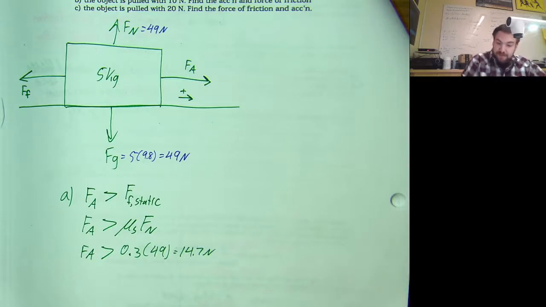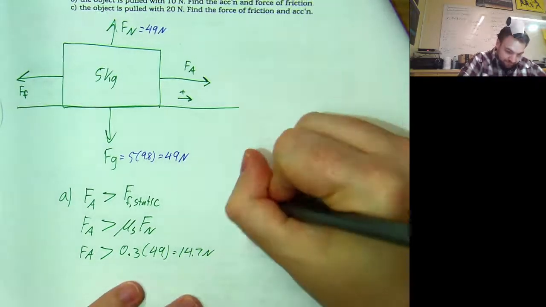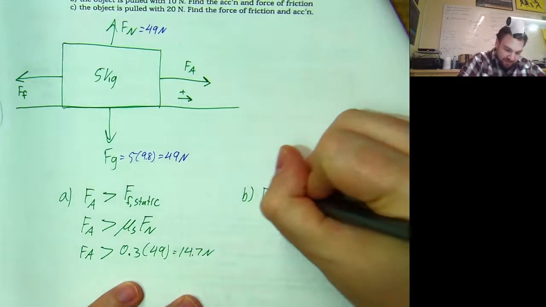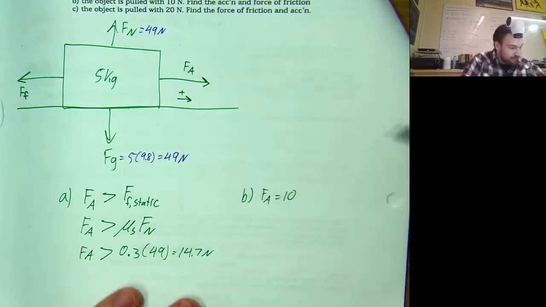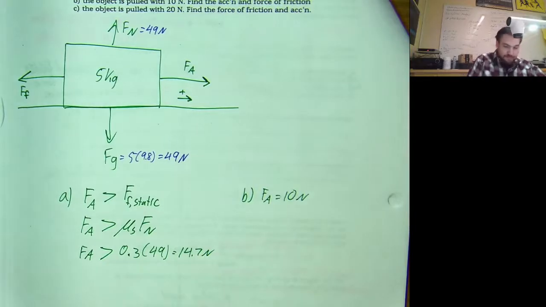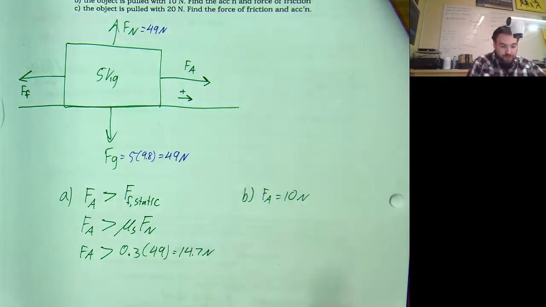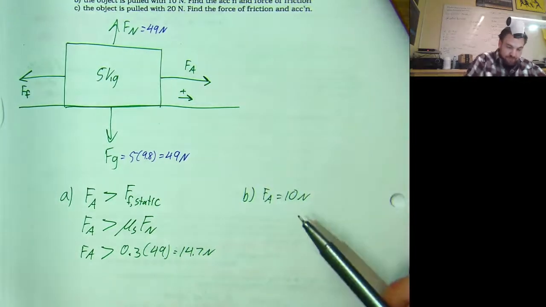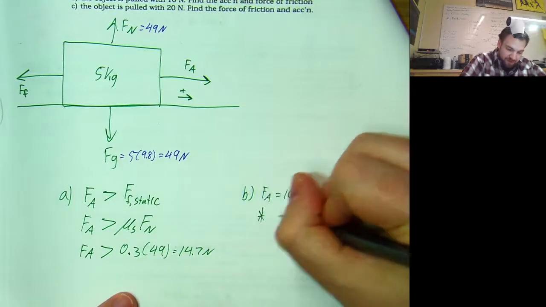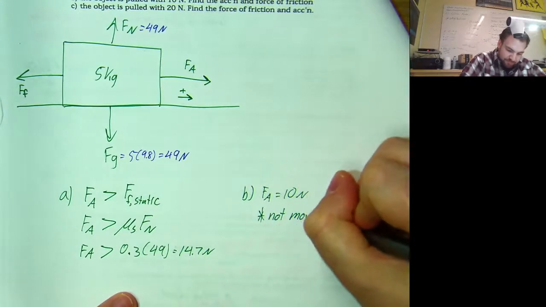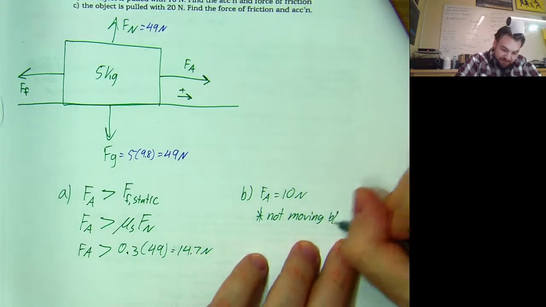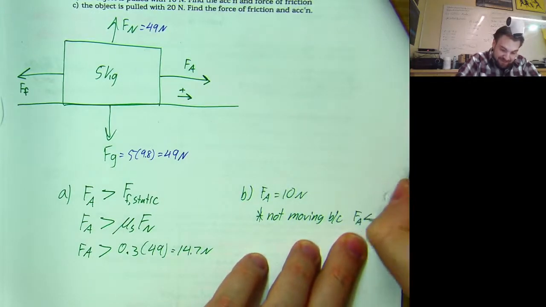So let's look here at B. We are told that Fa equals 10 newtons. Okay, so I've got a force of friction is 10. But we're also told that the maximum static friction is 14.7. So the object's not moving, because Fa is less than force of friction static.